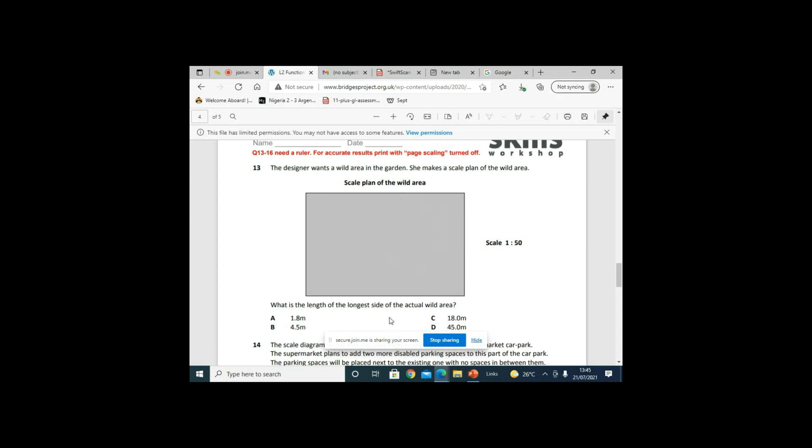What is the length of the longest side of the wide area? So okay, this one you have to draw it.